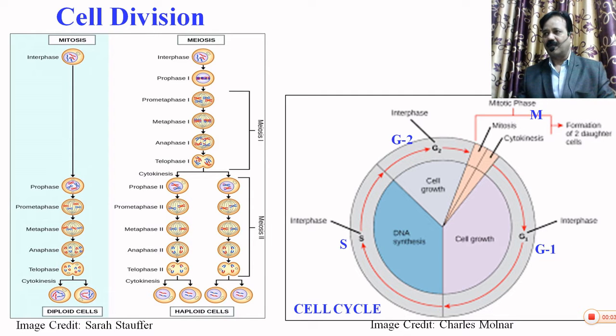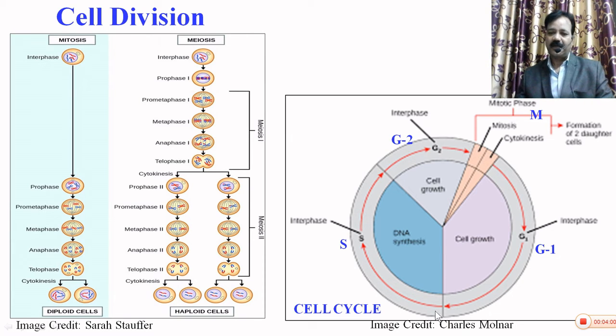We'll discuss one by one. Interphase is divisible into three subphases, that is G1 phase, S phase, and G2 phase.